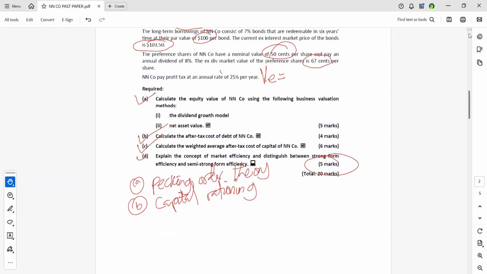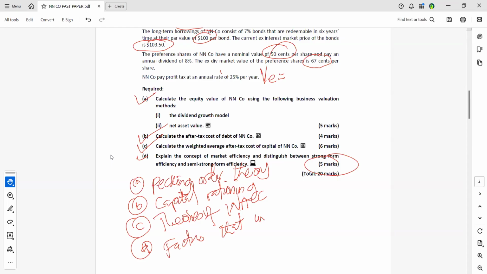We could have also been talking about the theories of WACC. Or we could have asked you for factors that influence sources of funds. Now, these are some of the questions that the examiner can be asking you.